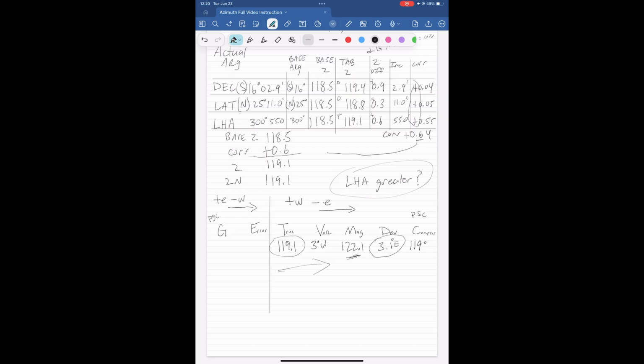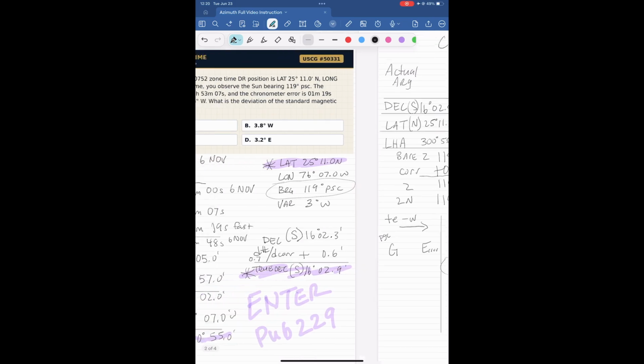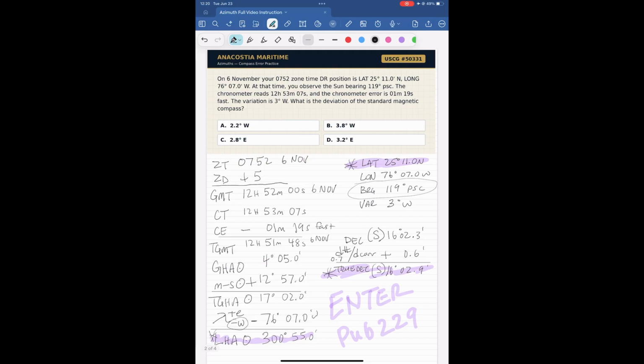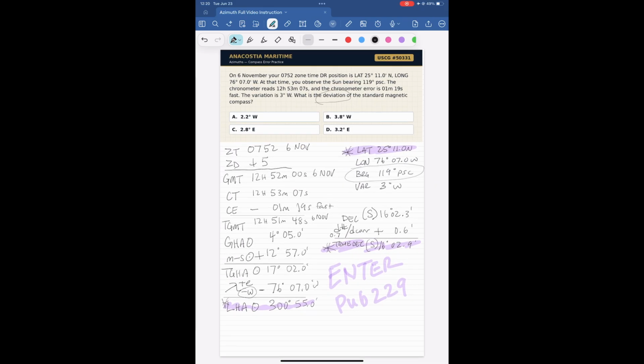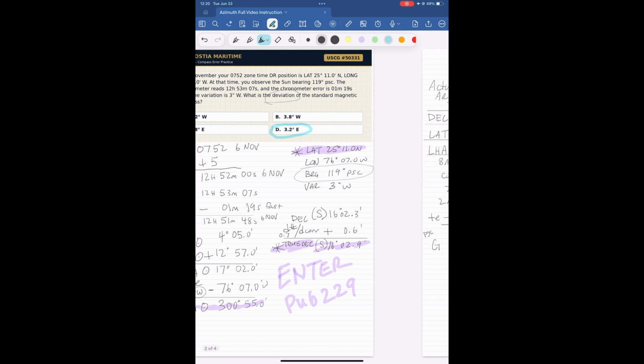This is my deviation. And what was the question asking? What is the deviation of the magnetic compass? When you take the Coast Guard exam, you want to choose the closest answer. In this instance, we have D, 3.2 east. And that should be it.